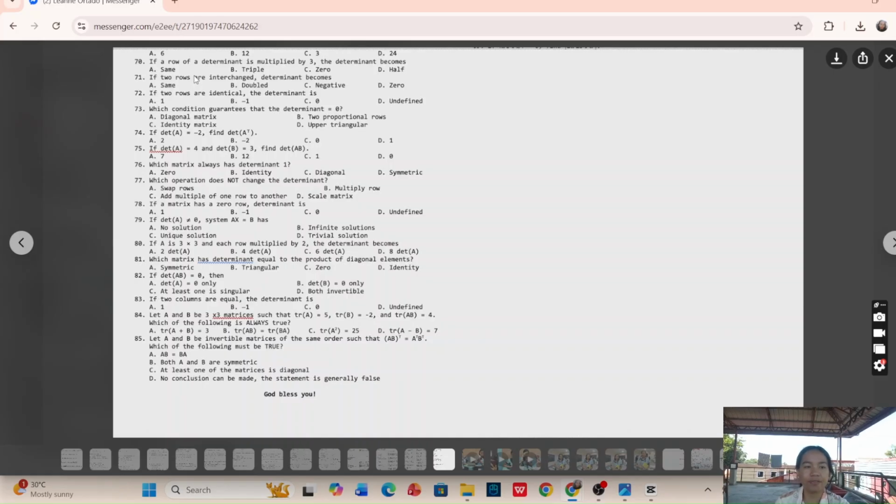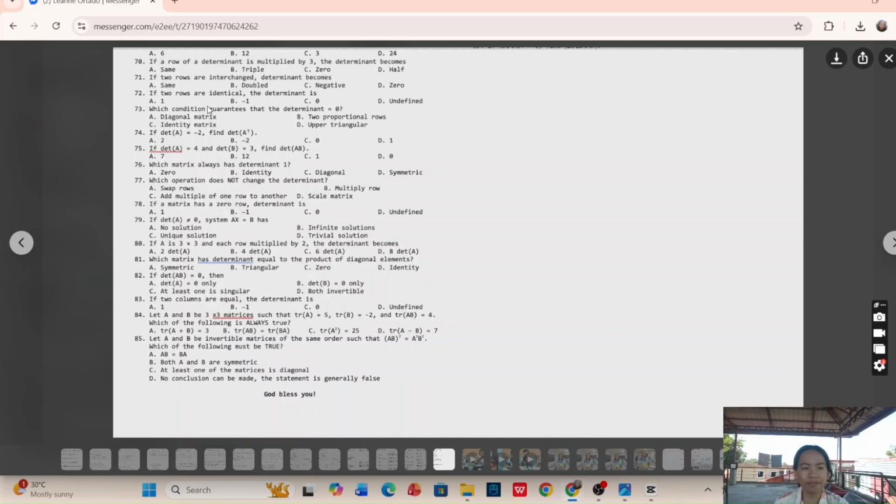Number 71. If two rows are interchanged, determinant becomes... The determinant becomes negative. This is because swapping rows changes the sign of the determinant.